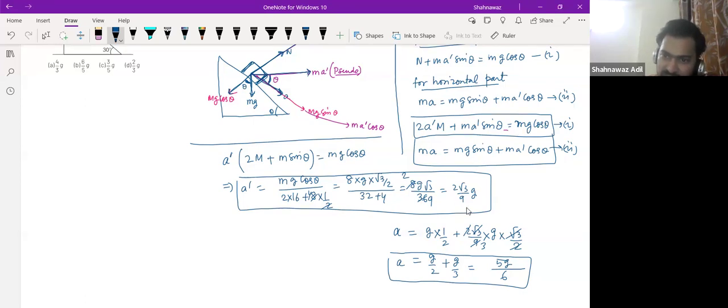If I check my calculation again, so this is 32 plus 4, 36. So this is correct. This is 8 into g root 3 by 2. So, oh, yes. So this 2 is here, right? This 2 is also there. So we have root 3 by 2. So this 2 will cancel, and this is root 3 by 9 only.